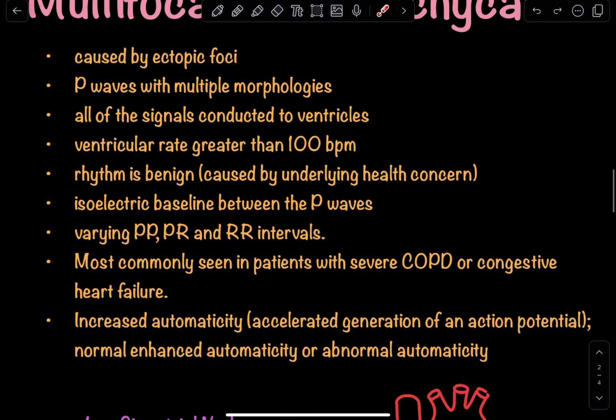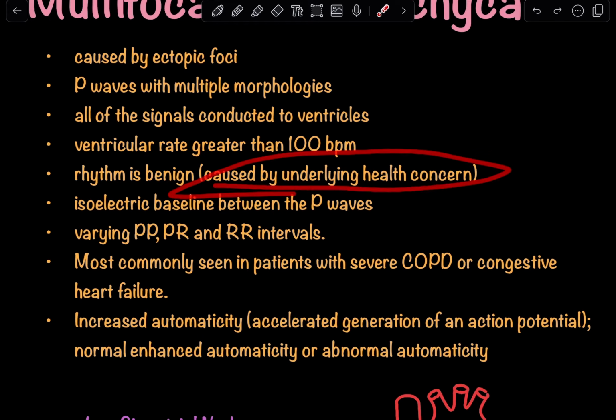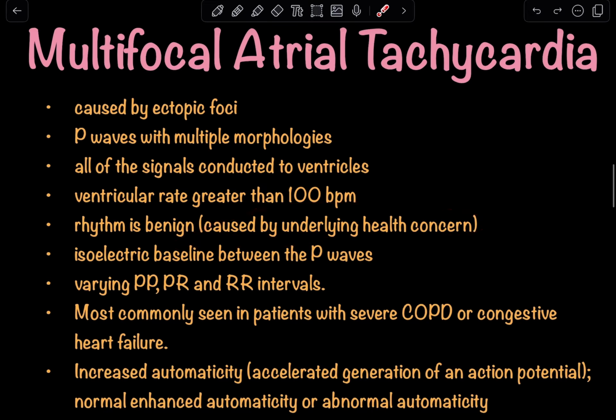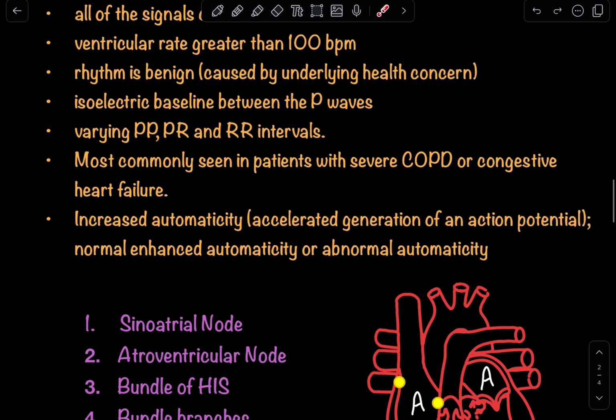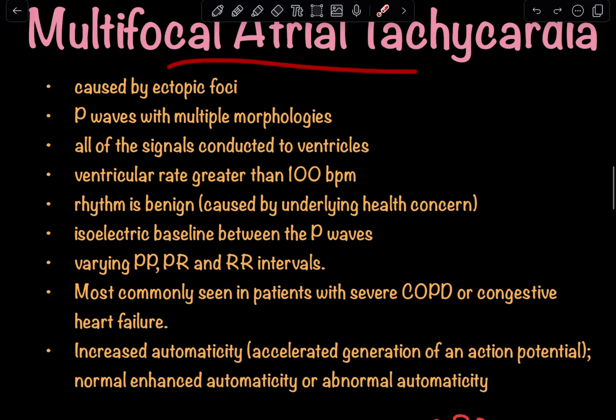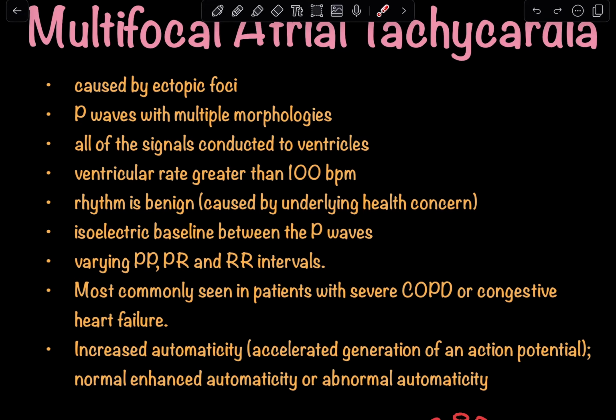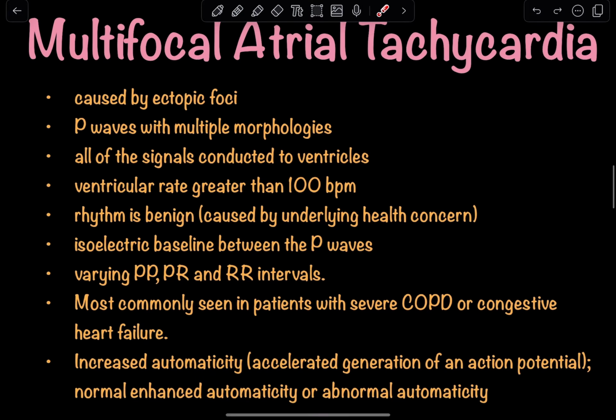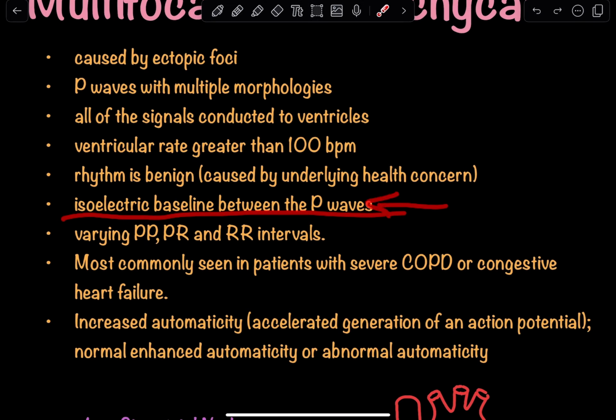But to quickly go over some other key points, the rhythm itself is benign, and it's caused by an underlying health condition. So once we treat that underlying health concern, we can go back to a normal sinus rhythm and recover from MAT. Another key distinction between MAT and the other arrhythmias that we have previously discussed, like atrial fibrillation and atrial flutter, is that MAT will have an isoelectric baseline between the P waves, which we did not see at all in atrial fibrillation.